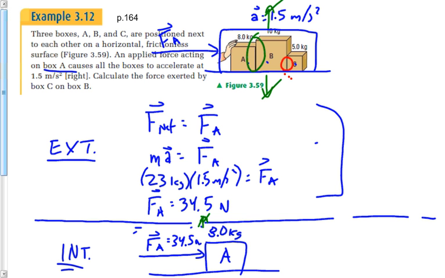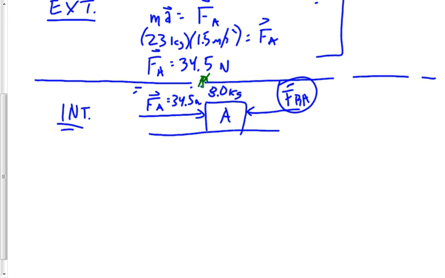So there's a force this way of object B on A. And this is what we're trying to find right there. So let's say F net is equal to the sum of the forces, FA plus FBA. We're going to say M times A is equal to FA plus FBA.